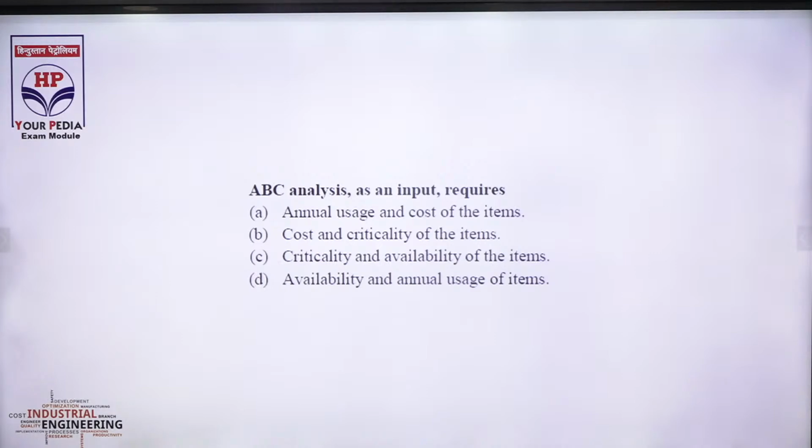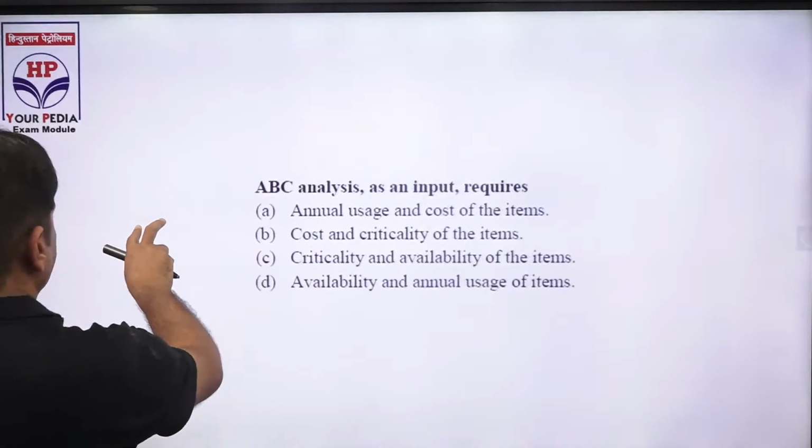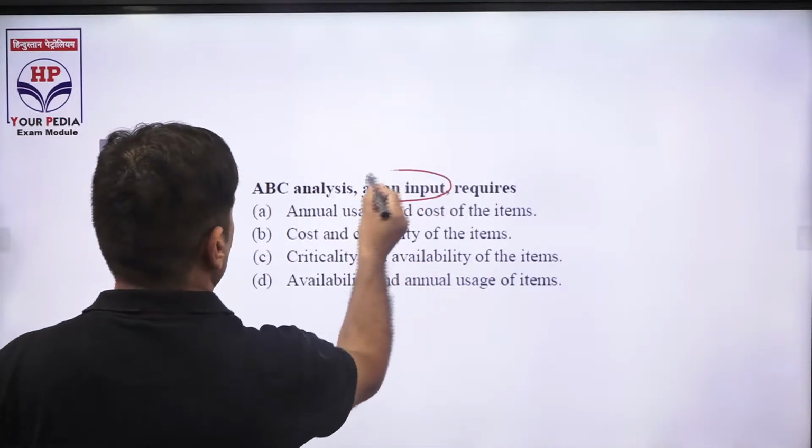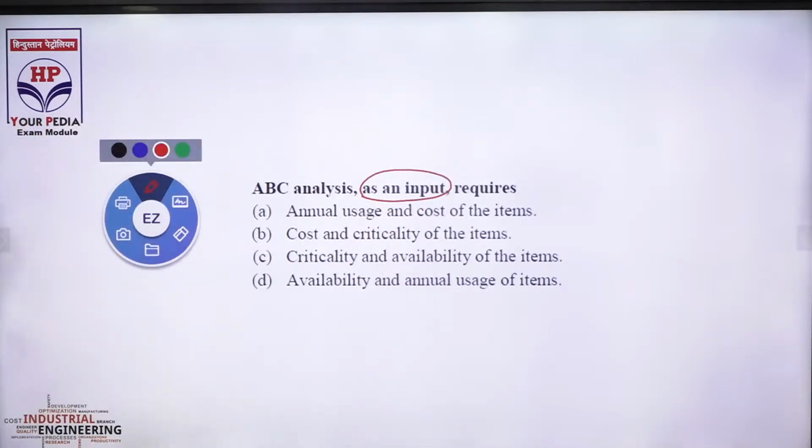Yes, go for the guess. ABC analysis as an input requires, as an input, that is the question. He is not saying output, he is saying as an input. ABC analysis as an input requires what?